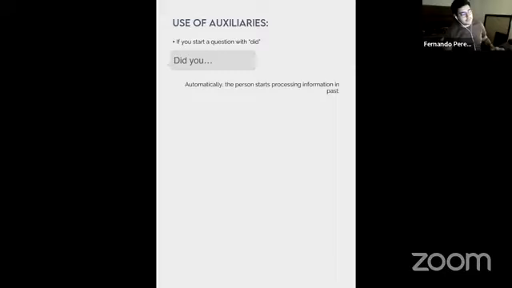Plus what else? Answer with the verb in past. Not necessarily. Well, yes, but what is the most important part? One is the verb, but there is another more important.